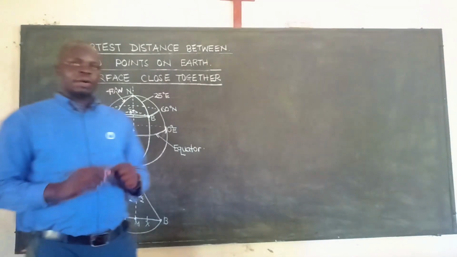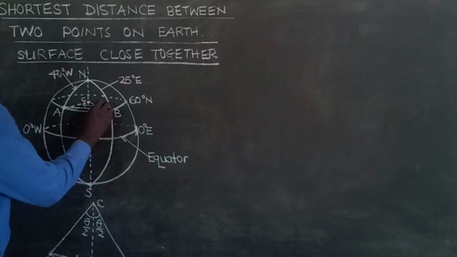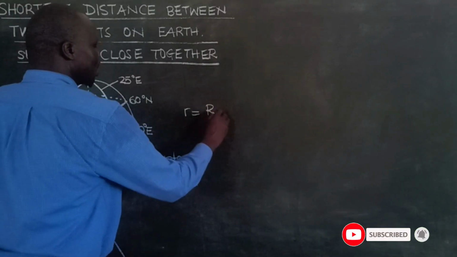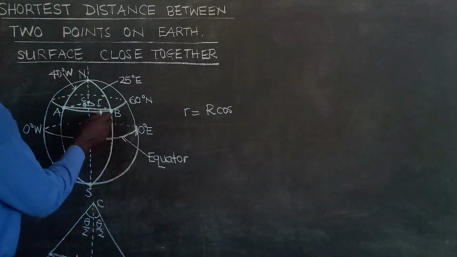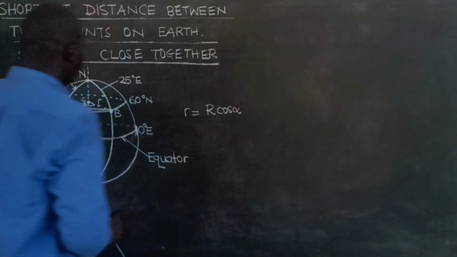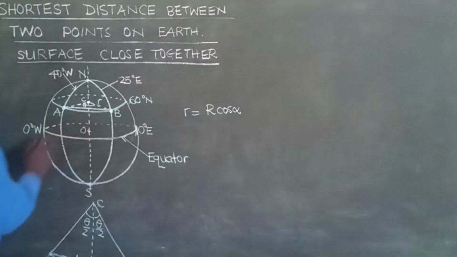And remember, in the derivation we made last time, we said the smallest radius here, r, is given by the radius of the earth times the cosine of this angle here, alpha. And alpha is this angle in which the latitude lies.